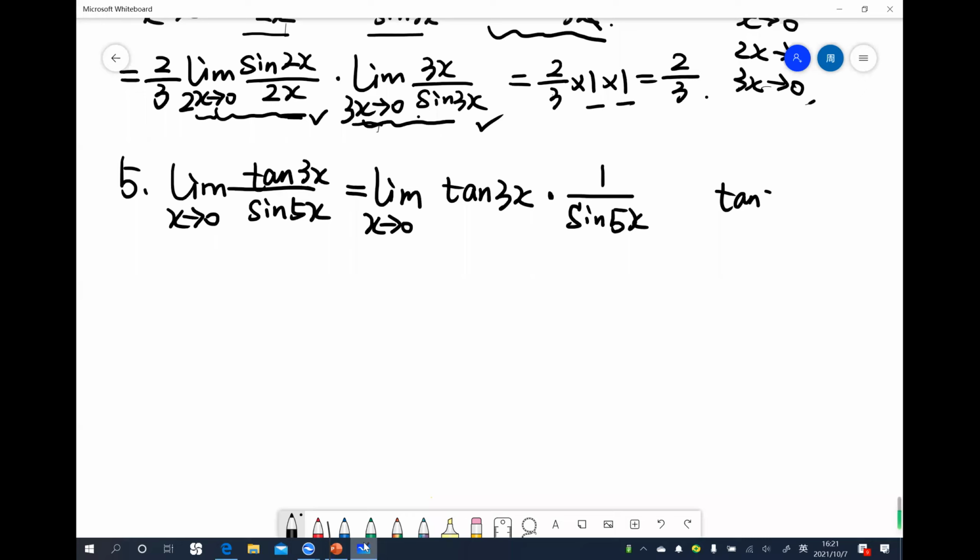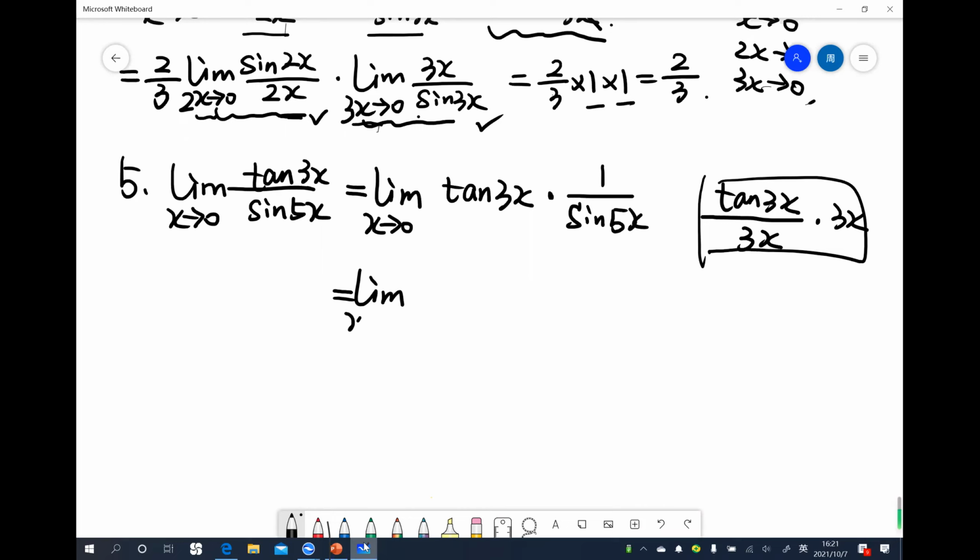Because for tangent 3x, we want tangent 3x over 3x, so we must multiply by 3x to make it the same. So this is the first change I make here: the limit as x approaches 0 of tangent 3x over 3x times 3x.